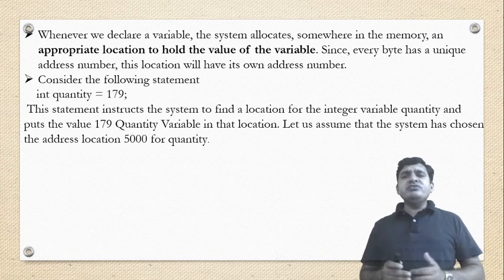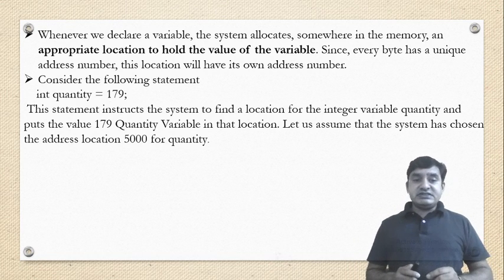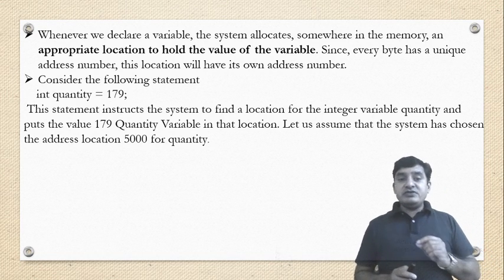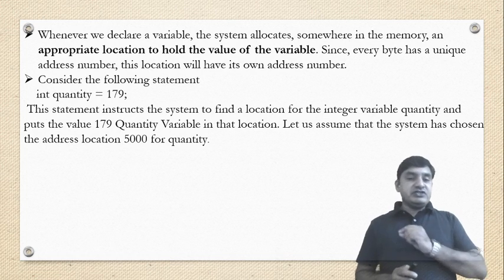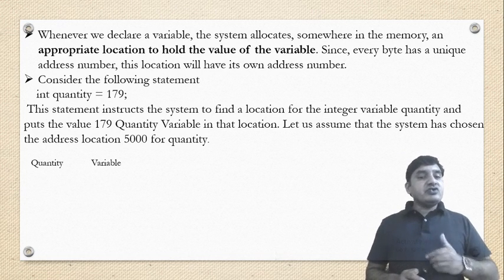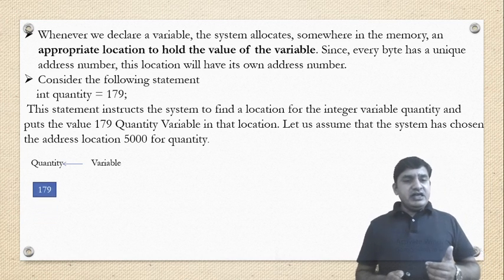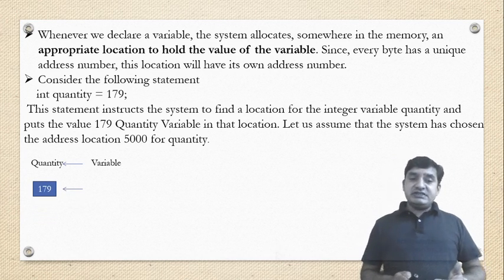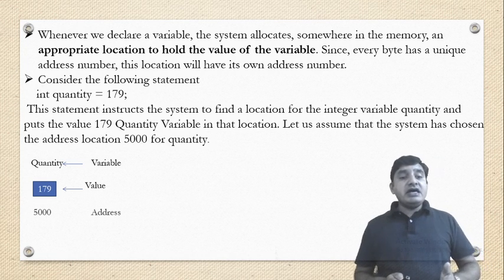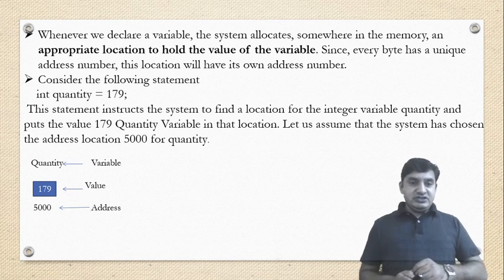Let us assume that the system has chosen the address 5000 for quantity. So quantity is the variable, 179 is the value, and the address is 5000.